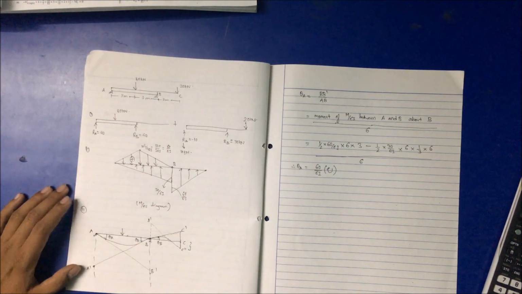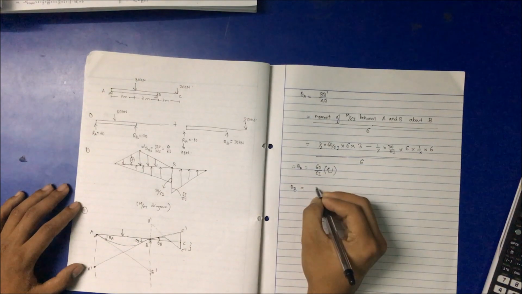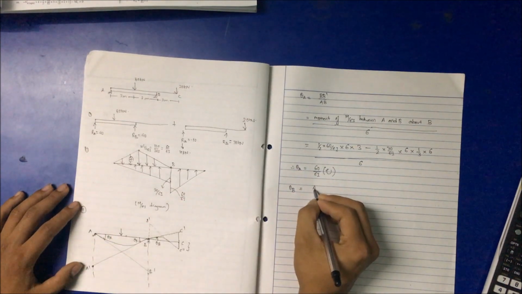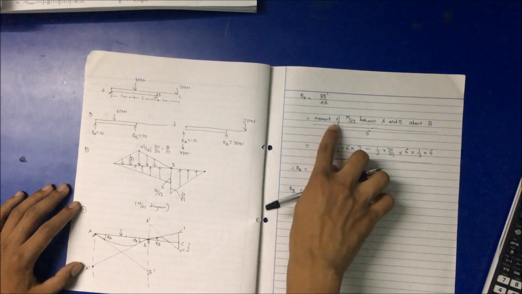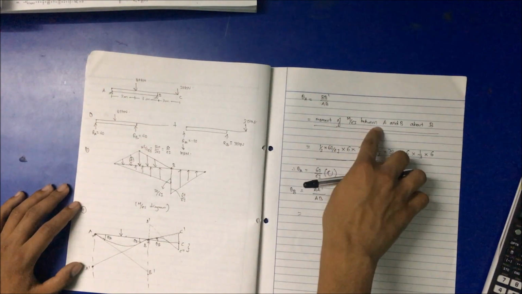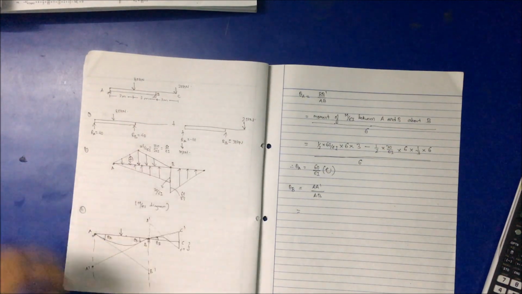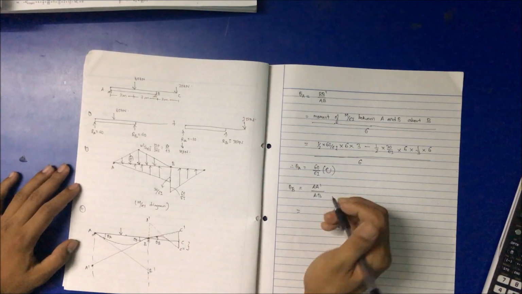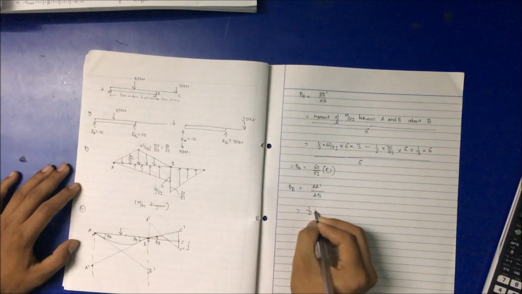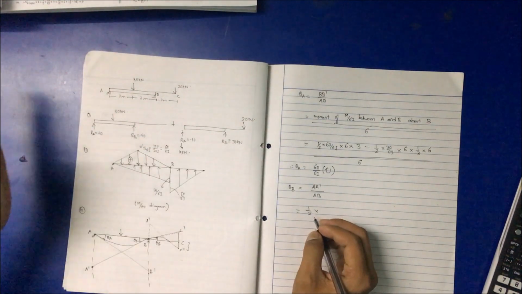But very firstly we have to find theta B, which is equal to A dash by AB. So this will be the moment of M by EI diagram between A and B about A. This will be positive as it goes to the right hand side giving an anti-clockwise moment.